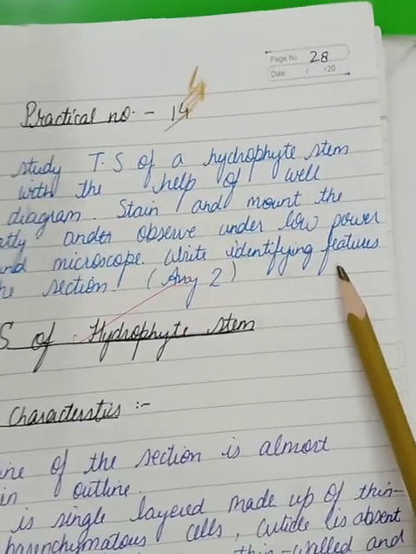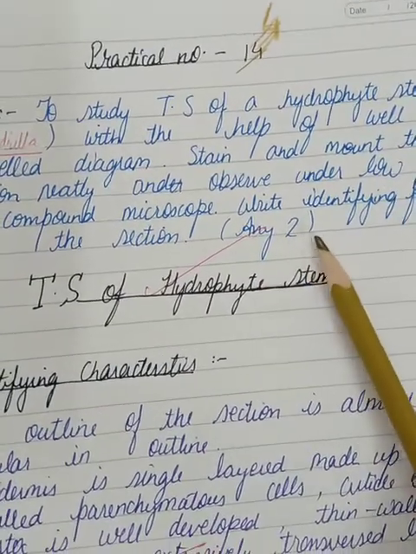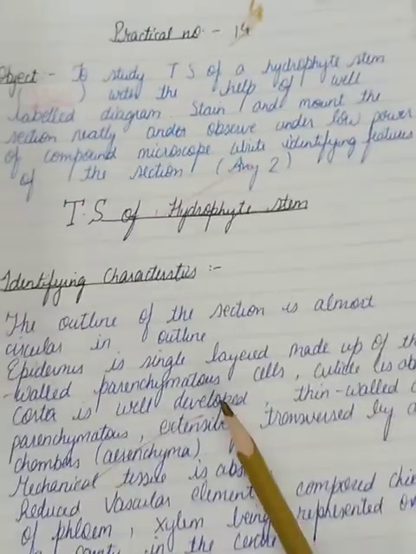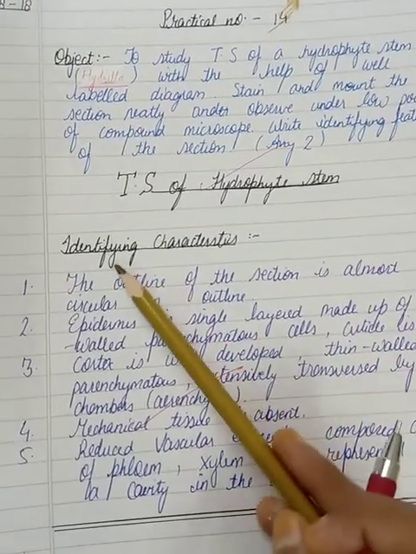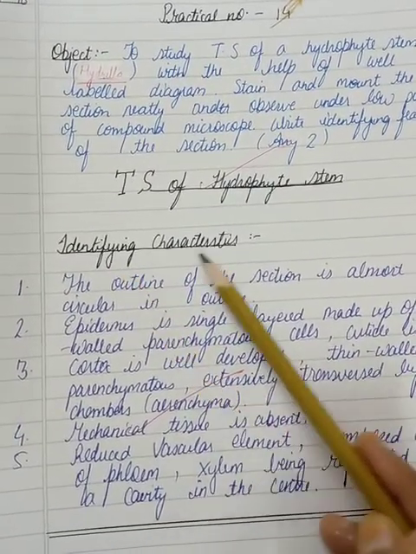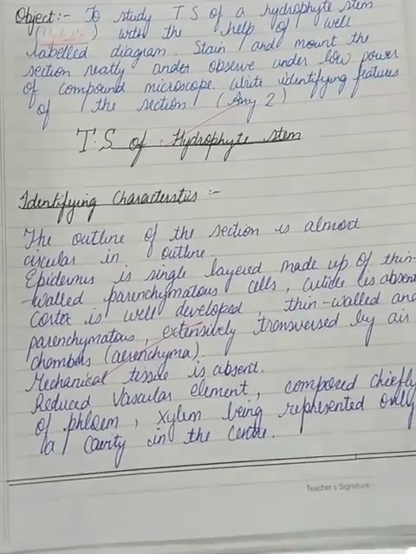Write identifying features of the section. In your course, it emphasizes any 2 characteristics. After that, you will write down the heading TS of hydrophyte stem, side heading, identifying characteristics, and the details, which I'll be posting you from the textbook, right?